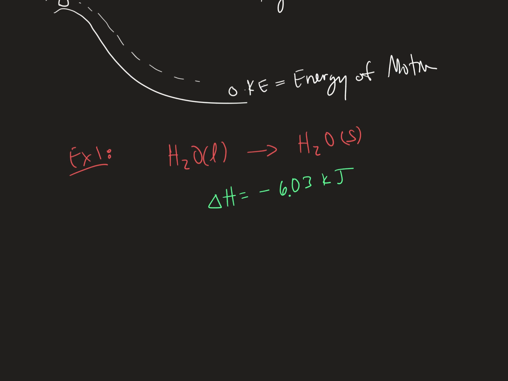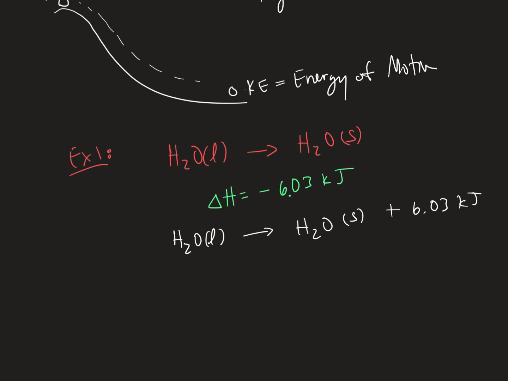What's another way to write this, with just one equation? H2O as a liquid, arrow, H2O as a solid plus 6.03 kilojoules. Do you get that, guys? Because it's exothermic, because it's a negative delta H, that means we're releasing heat.